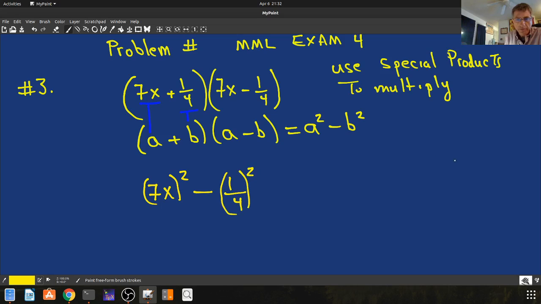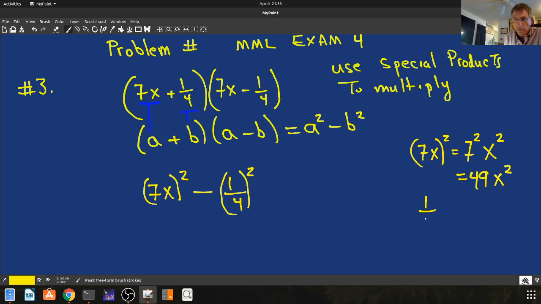squared. But 7x squared is equal to 7 squared times x squared. That's one of our exponent rules. So that's equal to 49x squared.